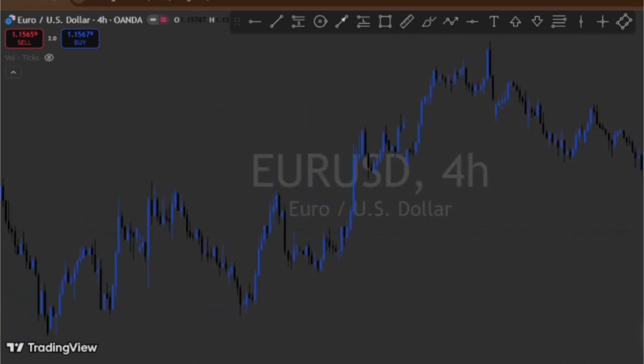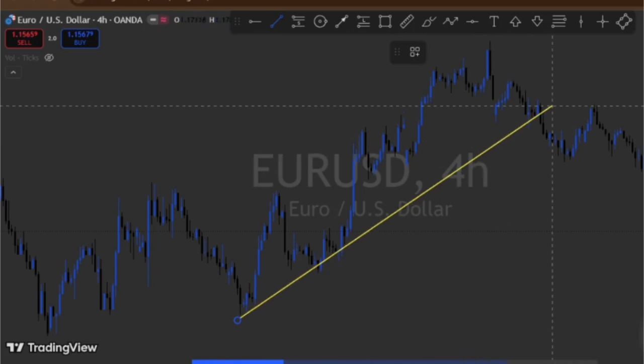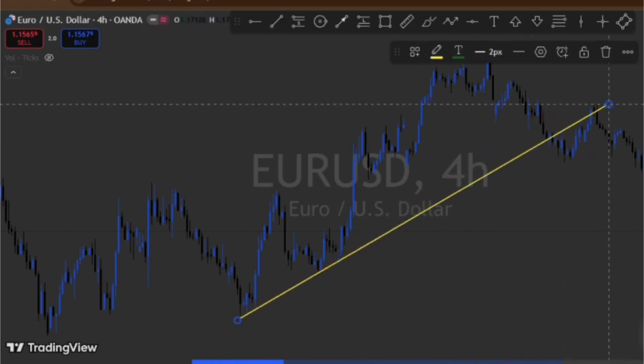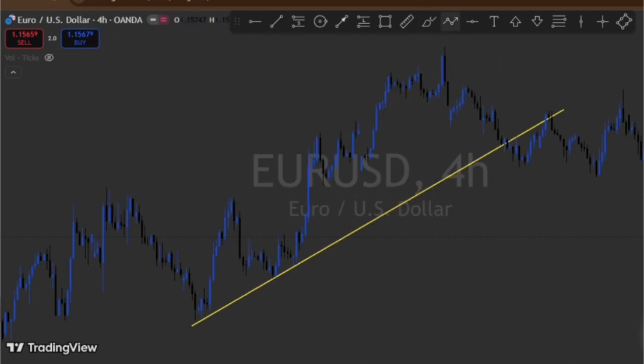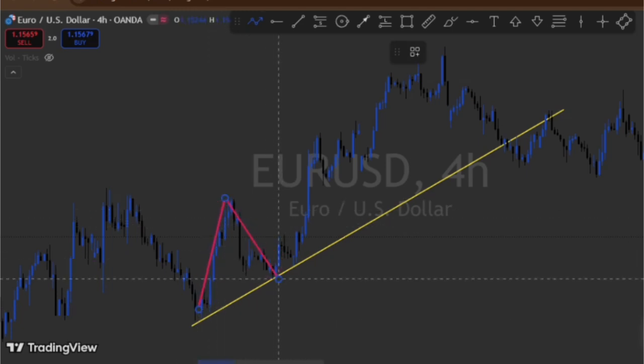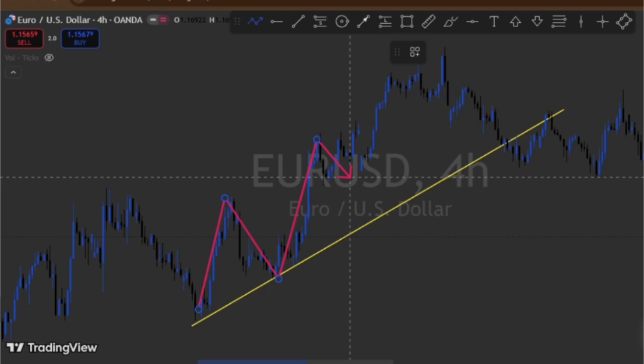this is an uptrend market. We could see around here price was ranging up. Price was forming higher highs and higher lows. In an uptrend market, the higher high will only occur when there is a break of structure and the market structure shifts to the upside.